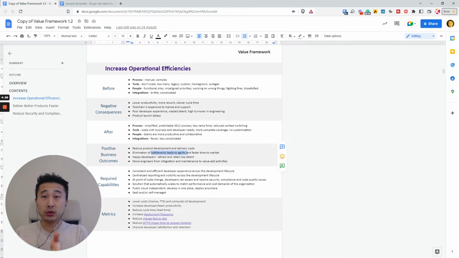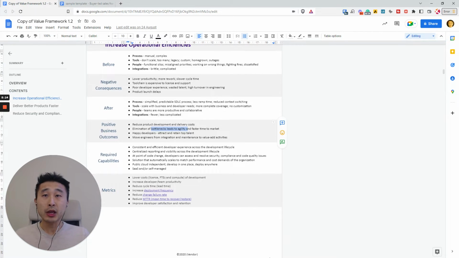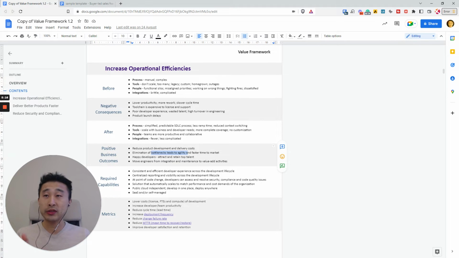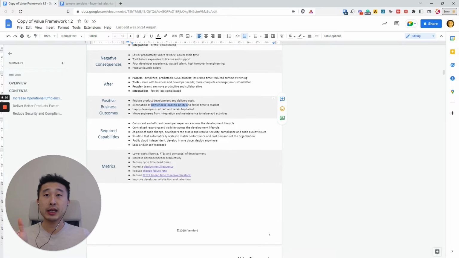So these are the things we talk about after, right? But the positive business outcome is really putting them into the business language. You assign a number to each of the functions, and then buyers think, okay, we want to get that. It makes sense. It's worthwhile. And then these are the required capabilities.